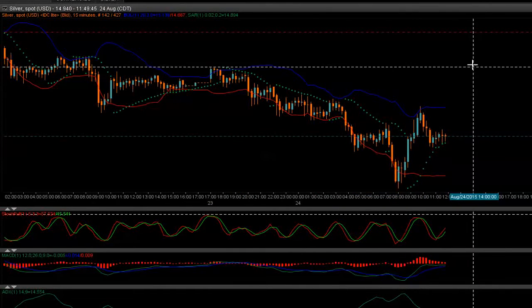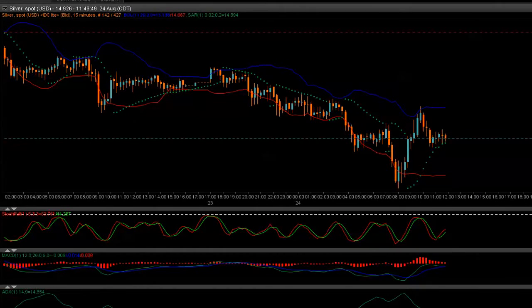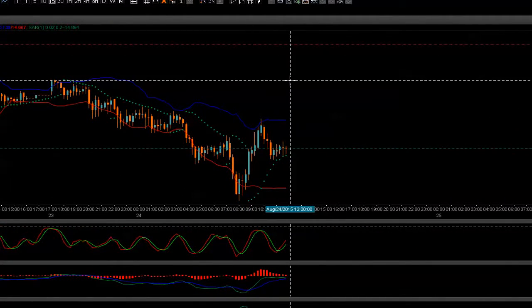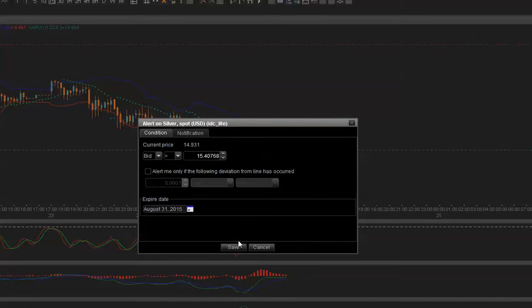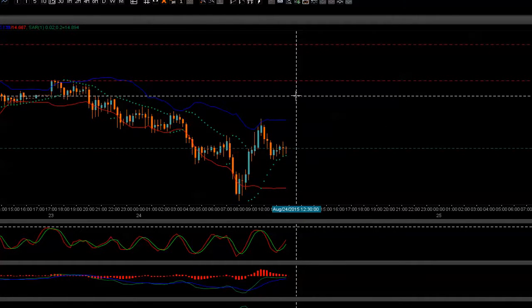So what I'll do is I'll set a notification for that point, an alert if you will. Save. It gets to 15.4, right?